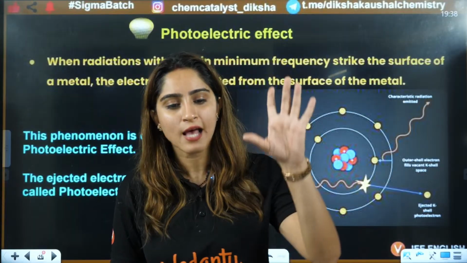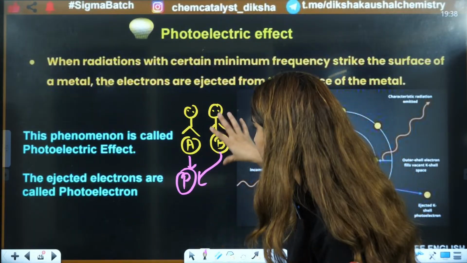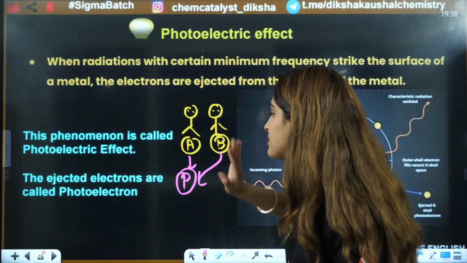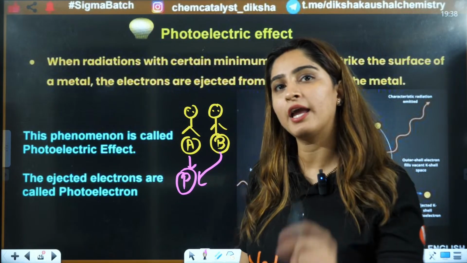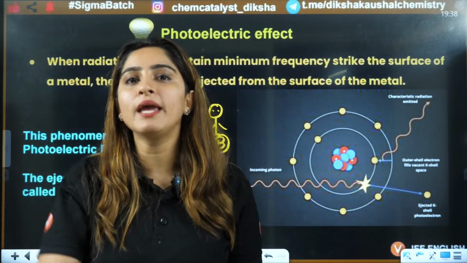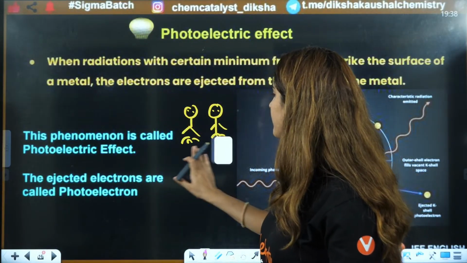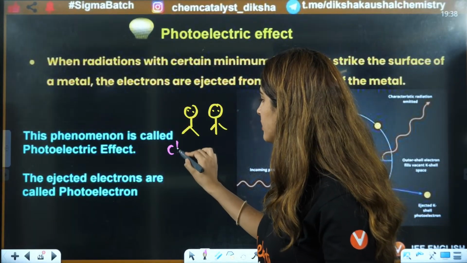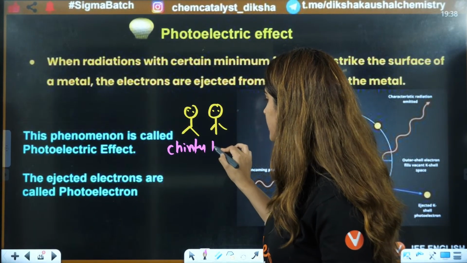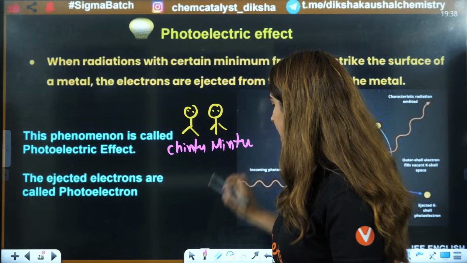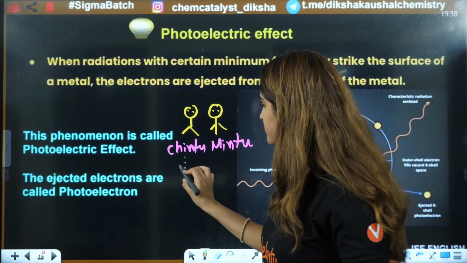One possibility is that B is able to convince the parents. Let's not name it B, let's name them Chintu and Mintu. These are the parents of Chintu.